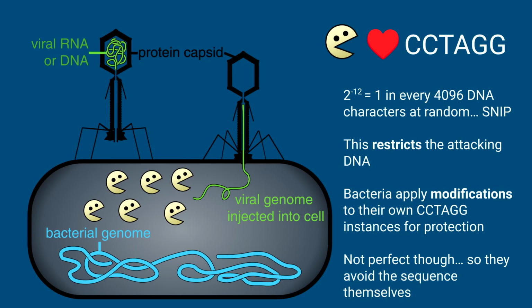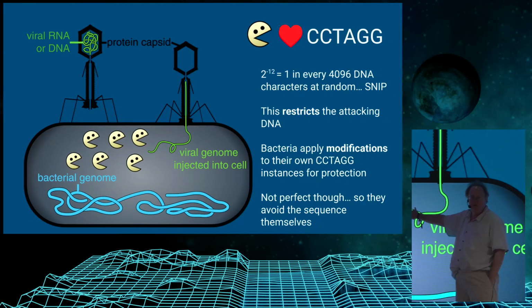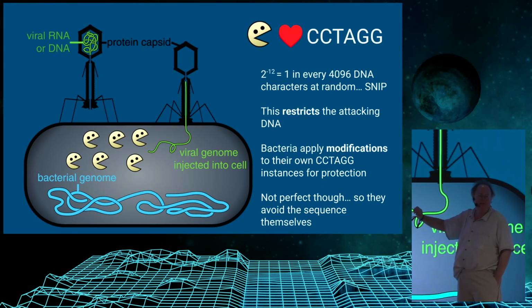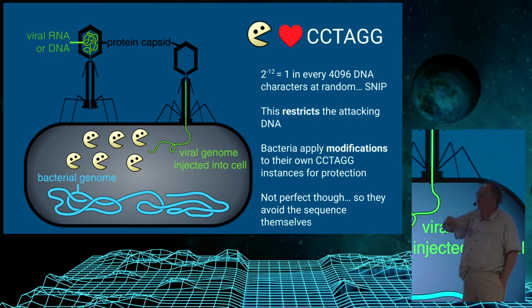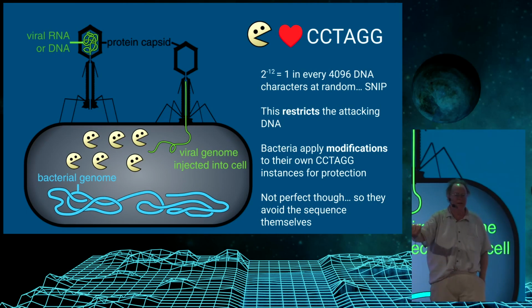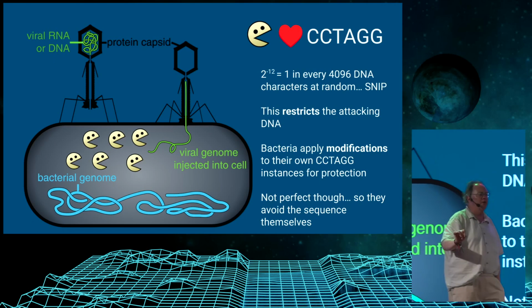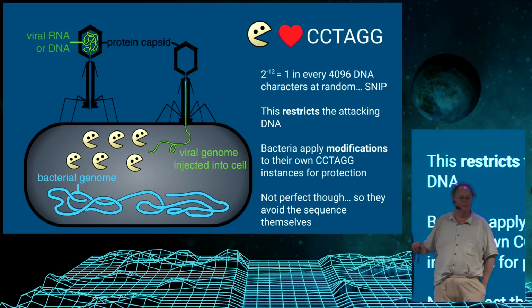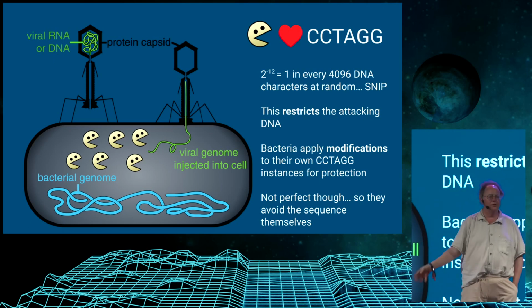Once every 4,096 DNA combinations, that combination will happen by accident. That means that viral DNA is restricted. It will only work as long as it avoids the sequence CCT-AGG and a whole bunch of other sequences.